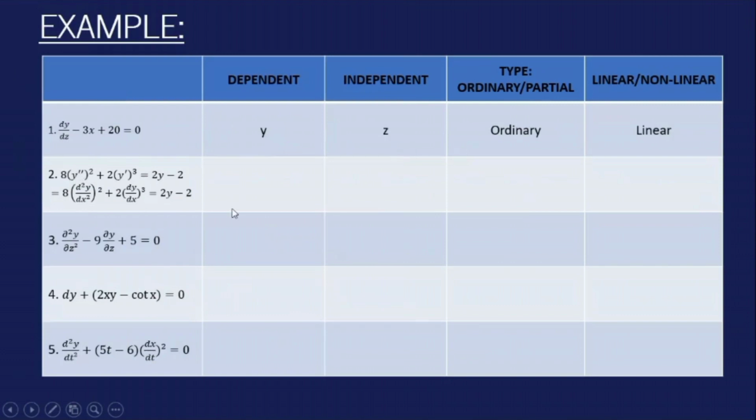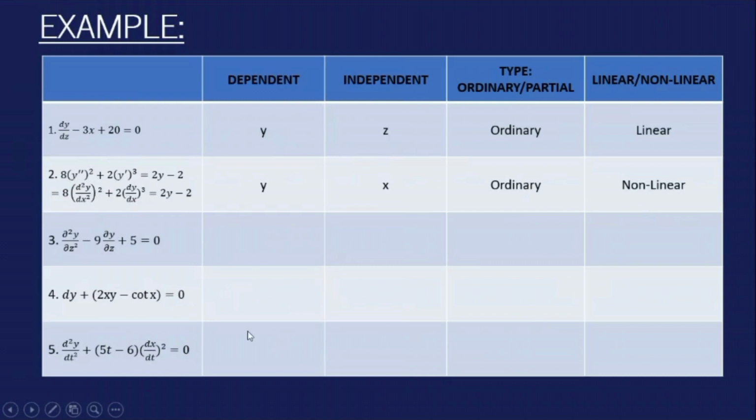Number 2, with this equation, the dependent is y, only y, and the independent is x. The type of differential equation is ordinary because there is only one independent variable. And next, it is nonlinear. Why nonlinear? Because it has a degree of 3 and a degree of 2.